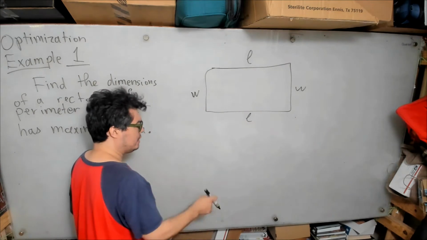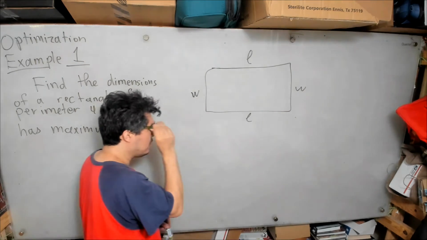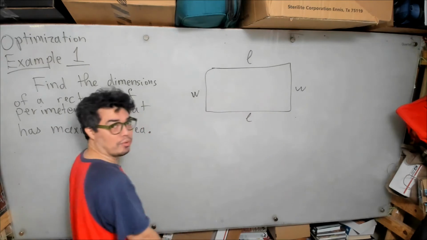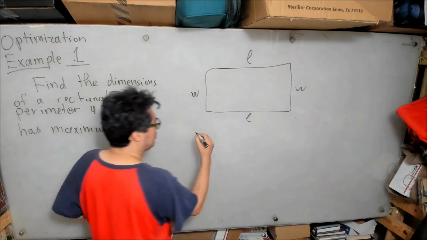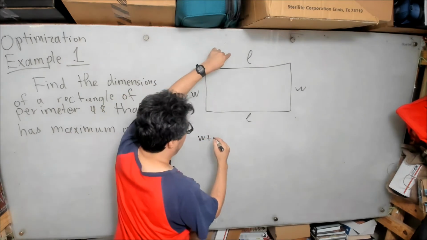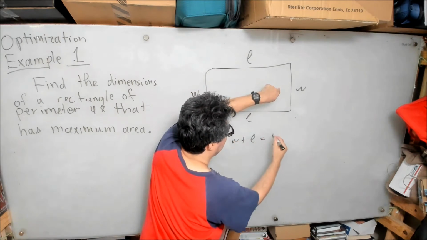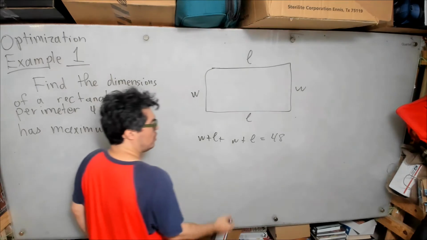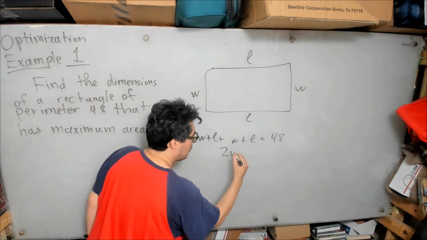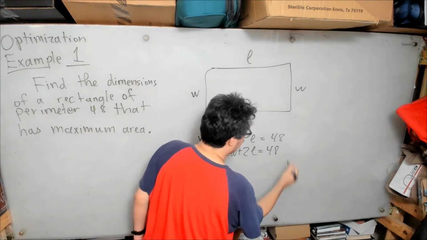Now in this case, the condition of the rectangle that is imposed on us by the problem is that the perimeter has to be 48. So in other words, the perimeter is W plus L plus W plus L equals 48. If you simplify the left-hand side, you get 2W plus 2L equals 48.